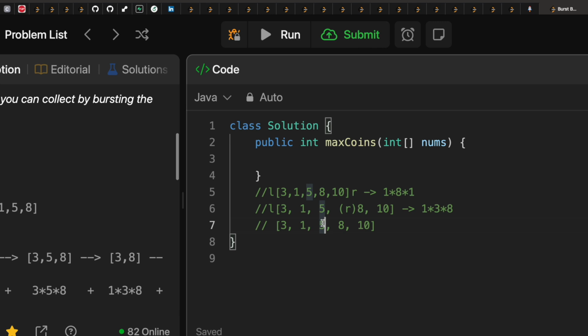For this particular balloon, as we are bursting 3 after it and 8 after it, at the right we are present with the 8 and at the left we are present with the 3, because we are bursting these balloons after 5.